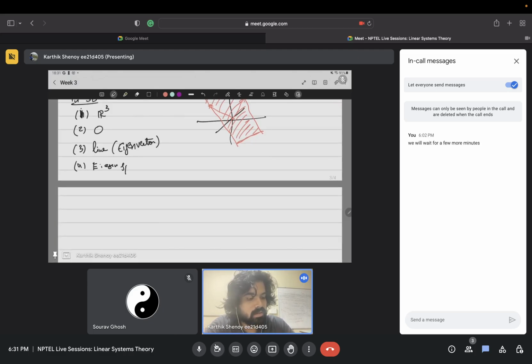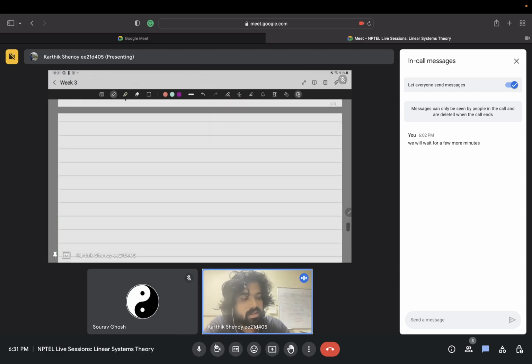So eigenspaces are there, in general. So why do I say that? Let us take A times x. I can always write x equal to C1 V1 plus C2 V2, where V1 and V2 are eigenvectors of A. So this is nothing but A times (C1 V1 plus C2 V2), which is C1 A V1 plus C2 A V2, that is nothing but C1 lambda 1 V1 plus C2 lambda 2 V2, correct.